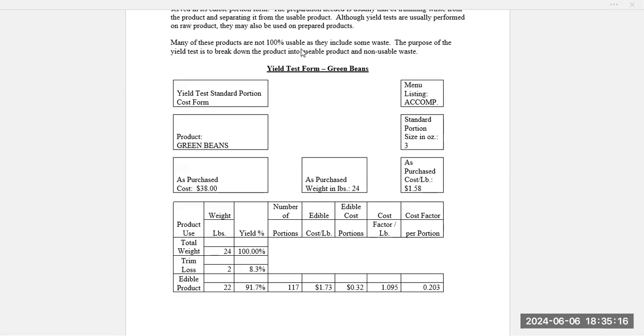All right. So the as purchase weight is 24 pounds. The as purchase cost is $38. The standard portion size is 3 ounces. Now the as purchase cost per pound, and then we get $1.58.